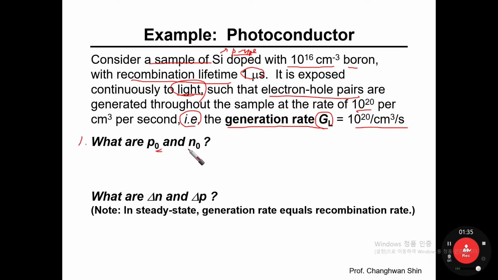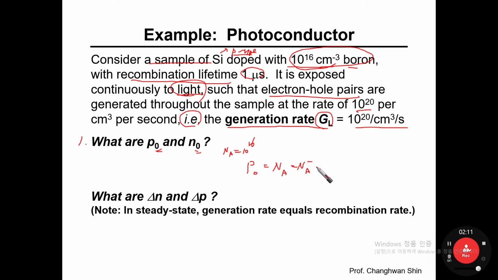Naught means at equilibrium. So before this silicon sample is exposed to light continuously, how many holes and how many electrons does this silicon sample have? Here, as described, 10^16 boron, so the acceptor concentration is 10^16. The hole concentration at equilibrium is identical to the acceptor concentration, because these acceptors would be fully ionized.